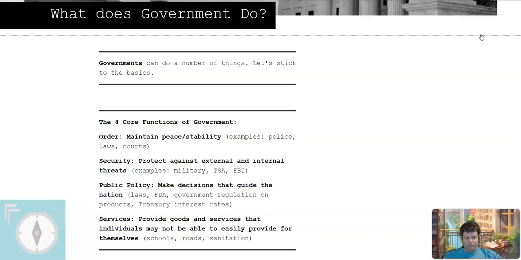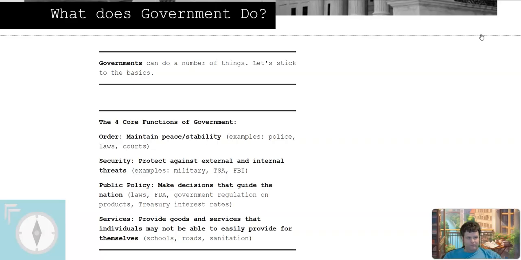That could be creating rules on how interactions work, like why you can't just commit murder, or workplace safety, things like that. Public policy can go all over and cover a lot of different things. But the basic idea is to organize a portion of how the society functions.